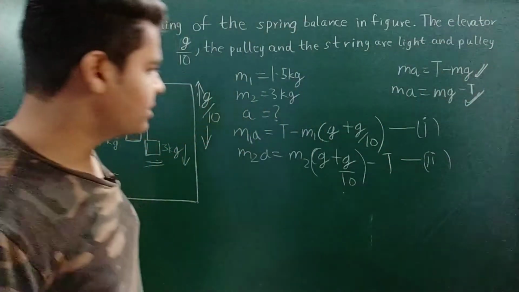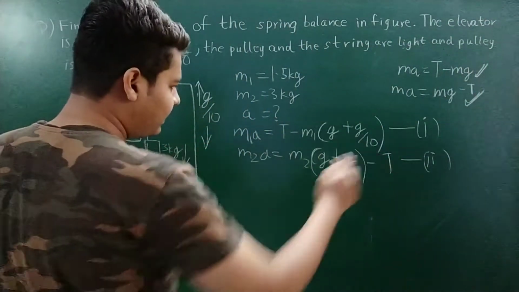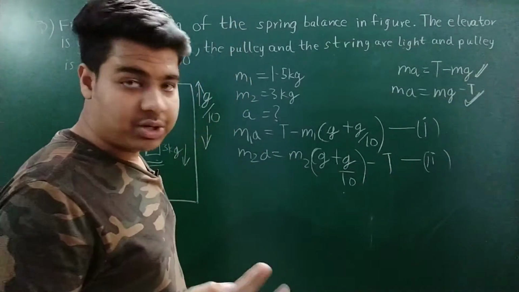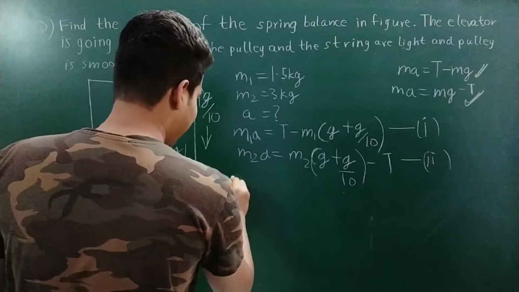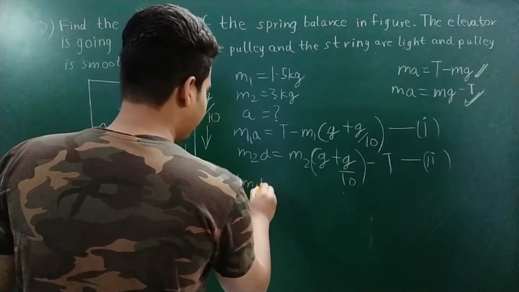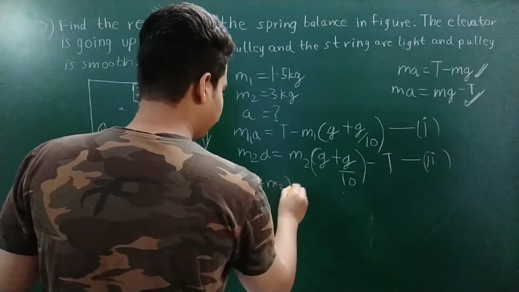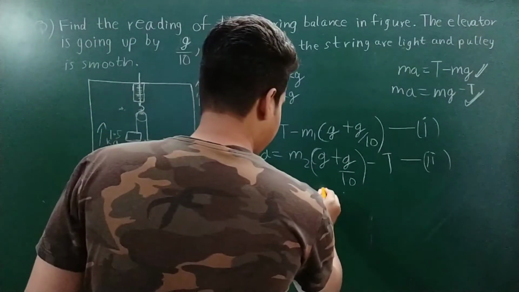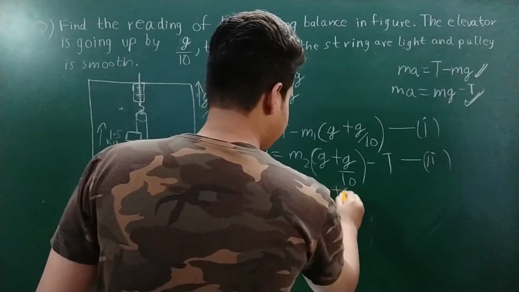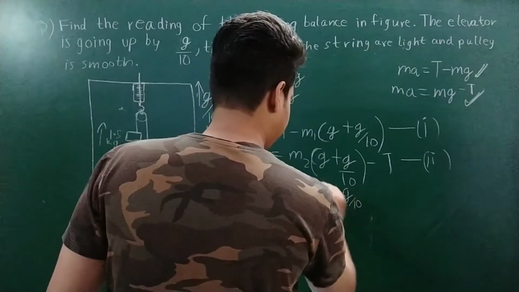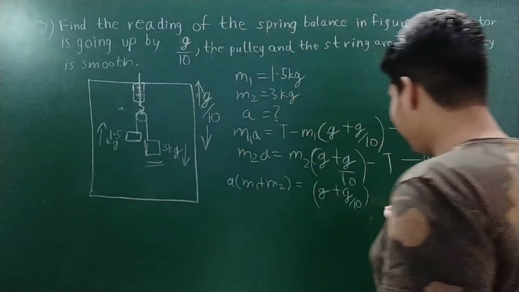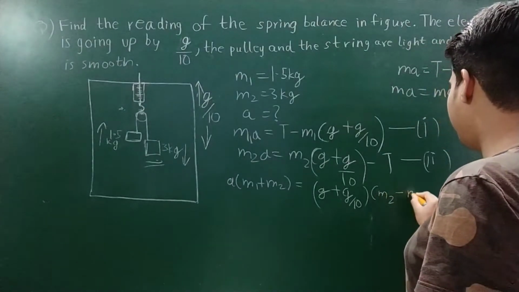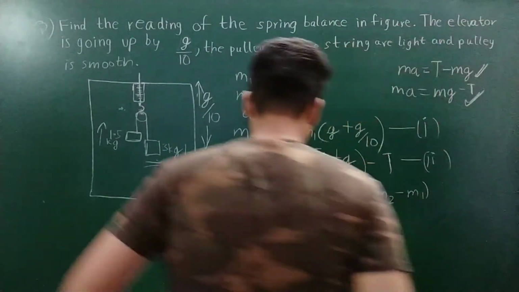Now what we simply do is add these two equations, the first and the second. After adding, we get a times m1 plus m2 equals T, and T will get cancelled out, g plus g by 10, and inside the bracket we have m2 minus m1.